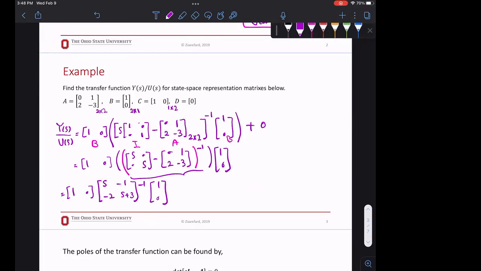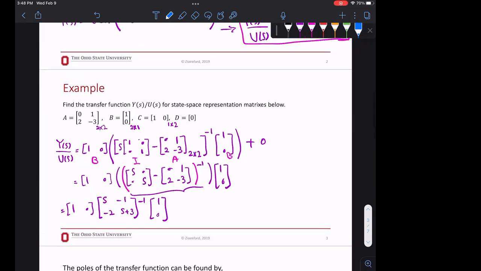Now, do we remember how to find the inverse of a 2 by 2 matrix? For a bigger, more complex one, it's more involved.